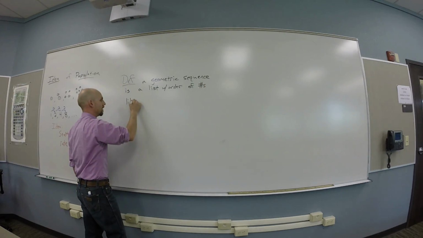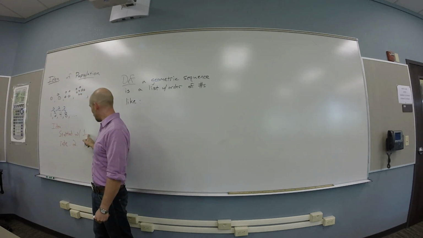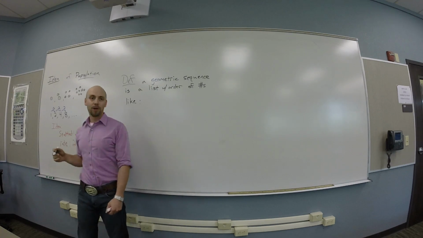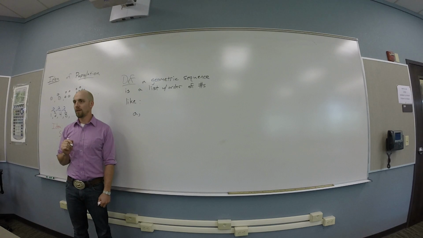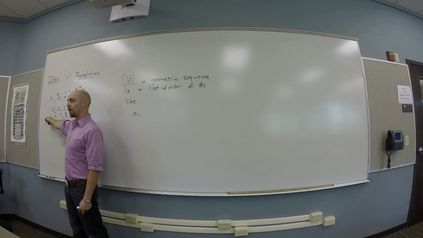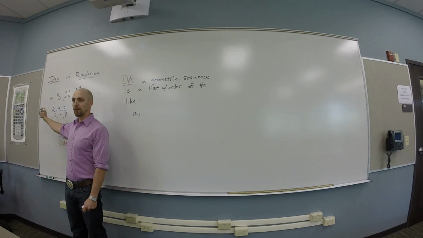We started with some starting value, so I'm going to call that A. And then how did we get from A, which was 1 in this case, to the next number? Multiply by 2.